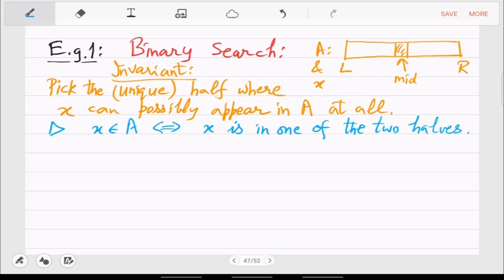And which one, that it is easy to find. So this is found in order one time.